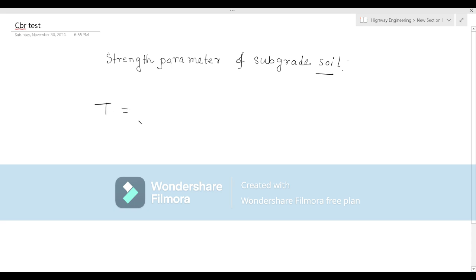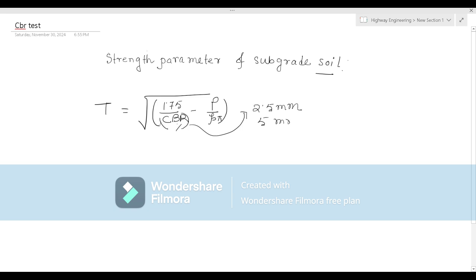T is equal to 1.75 times the square root of P divided by CBR minus P by pi. The CBR is taken in percentage. Generally CBR is taken at 2.5 mm penetration and 5 mm penetration.